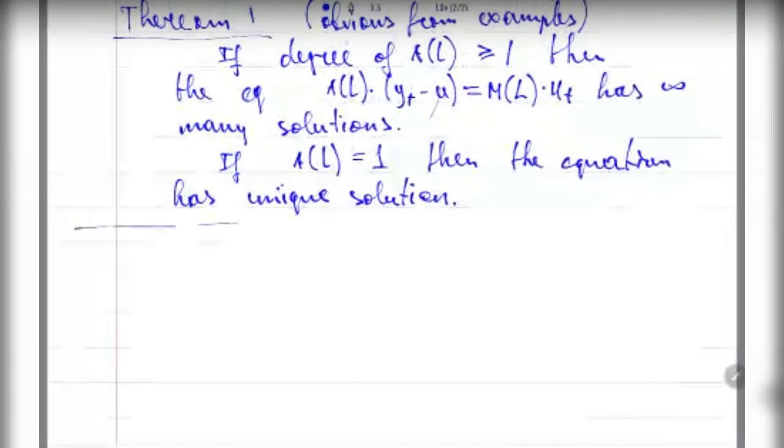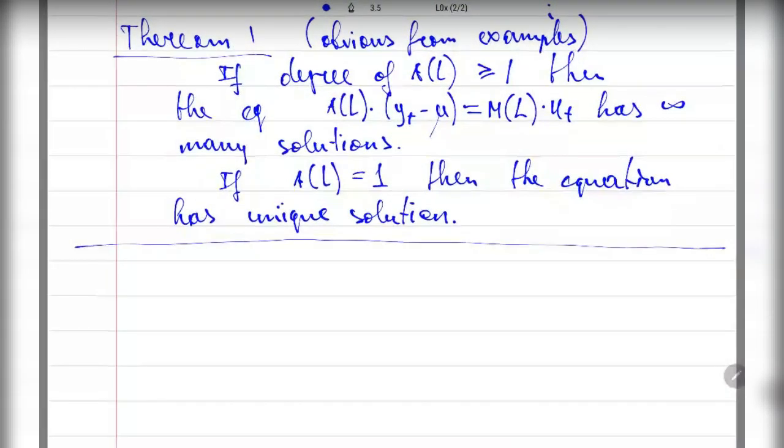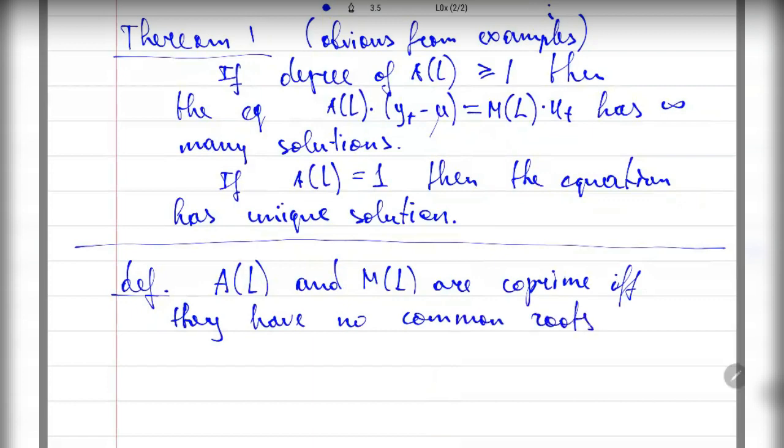Is it okay? So just a small definition. We say that A of L and M of L are coprime if they have no common roots. That's okay?